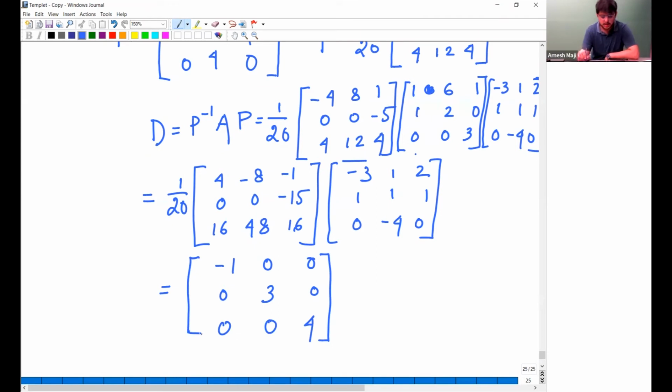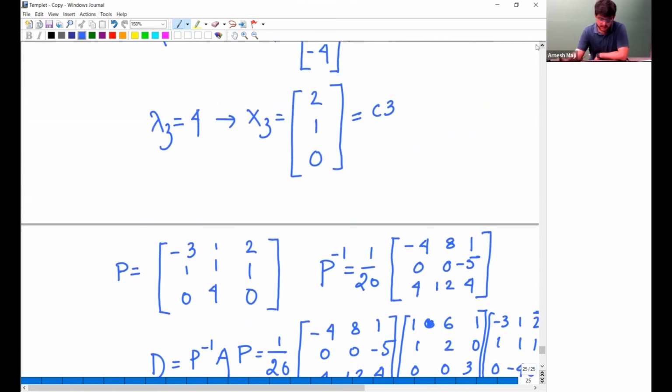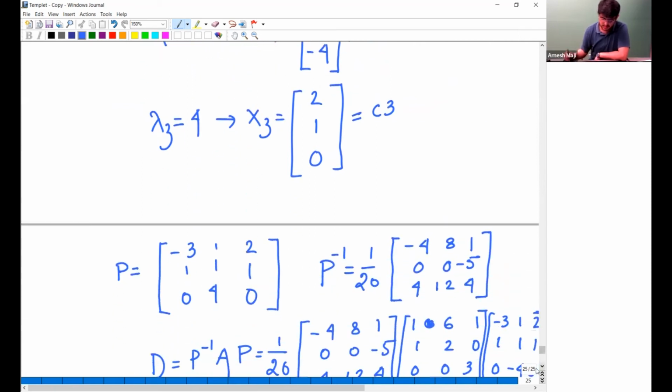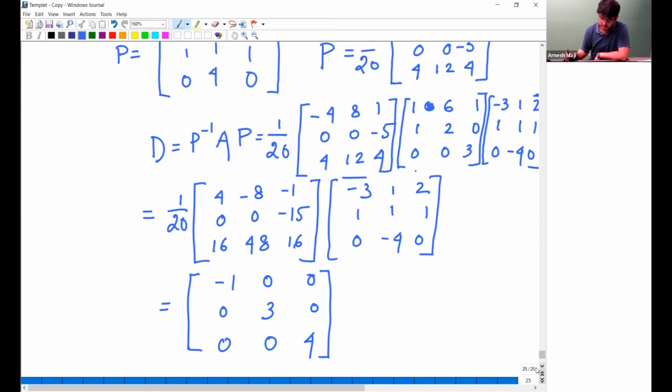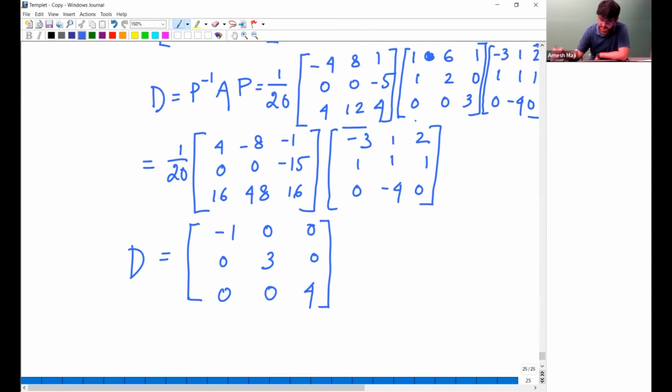So this is the diagonal matrix. If you see, the eigenvalues are -1, 3, 4. This matrix D has diagonal elements as the eigenvalues -1, 3, 4. Okay, and how does this help us?